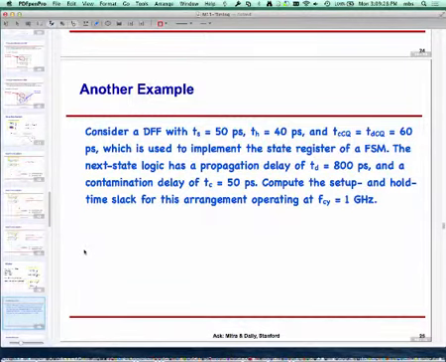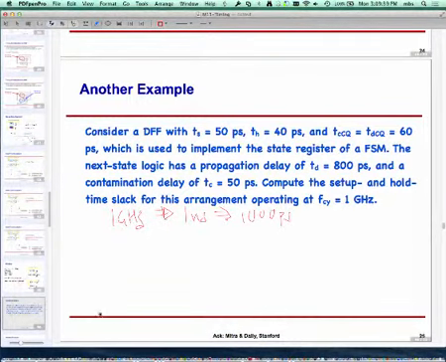So firstly, 1 gigahertz corresponds to 1 nanosecond, which is 1000 picoseconds. Now let's look at, do you think this system would meet its setup time requirements?